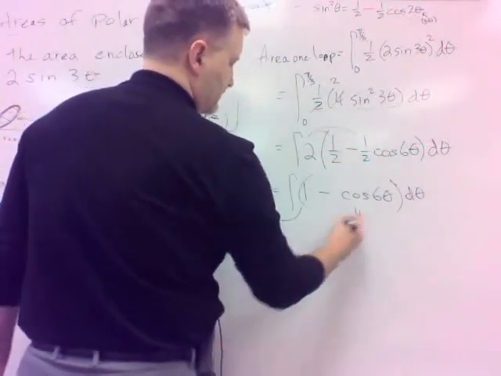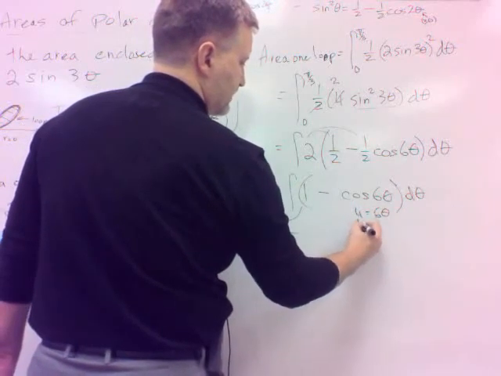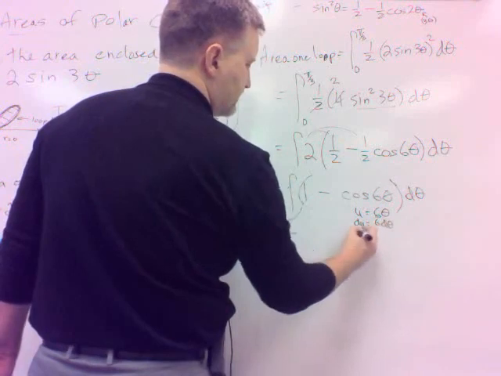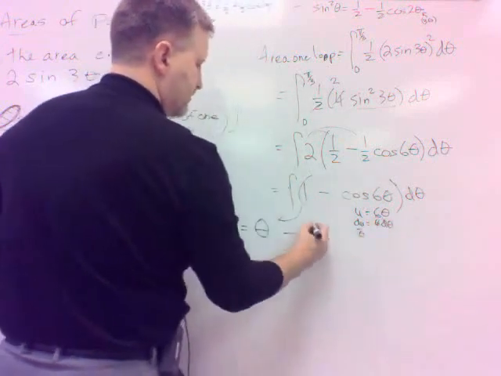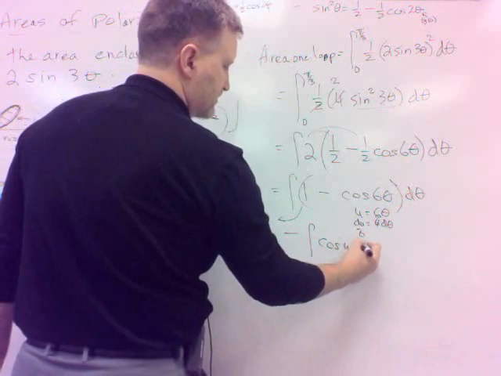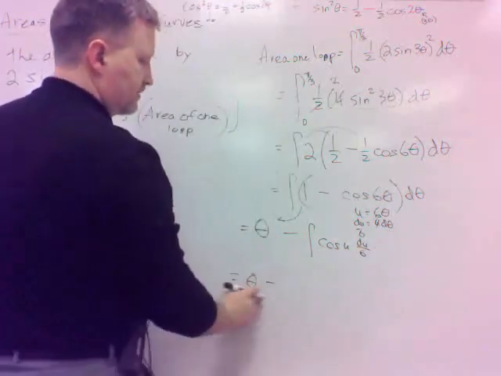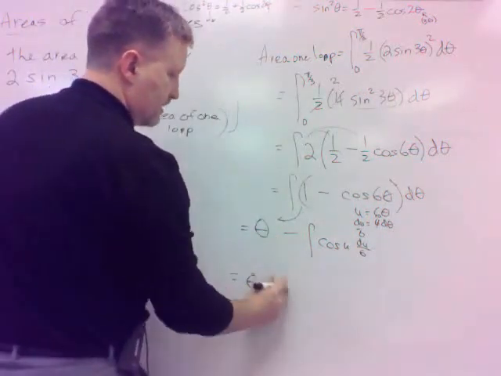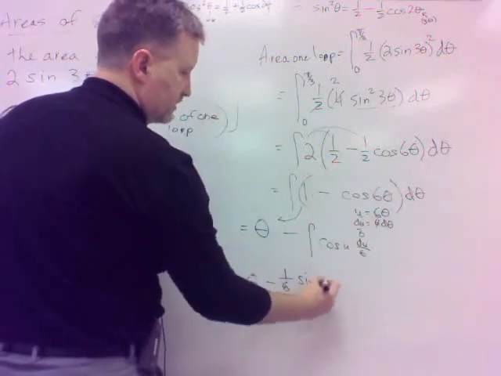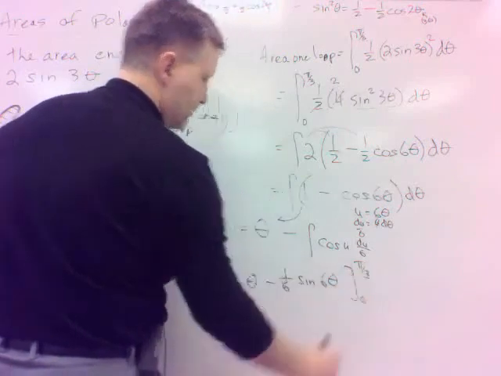Cosine 6 theta, well, that's just a little u substitution. u equals 6 theta, du would be 6 d theta, so du over 6. So this is going to be minus the integral of cosine of u du over 6. So that would be theta minus, the integral of cosine is sine, and it's 1/6 of that. Sine of u is 6 theta, from 0 to pi over 3.